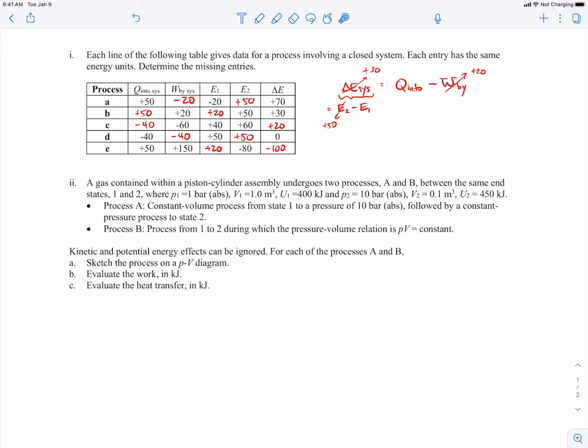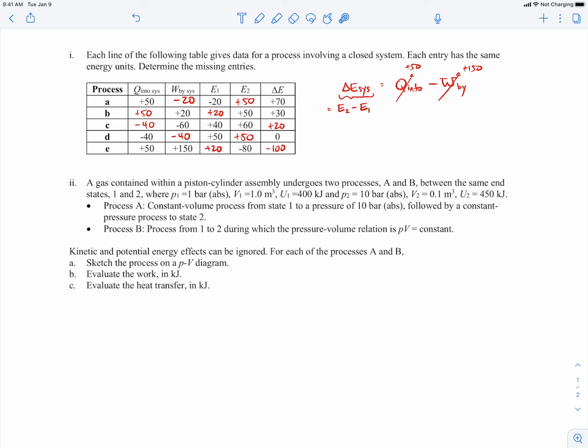So for that process E, let me just work out process E since that one's just a little bit different. For process E, we're given that Q is plus 50. We're given the work done by the system is plus 150.